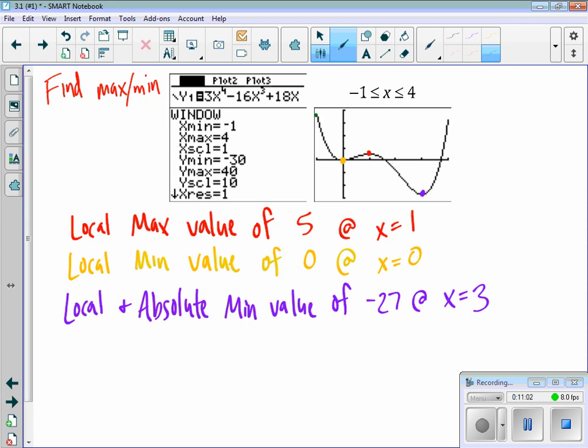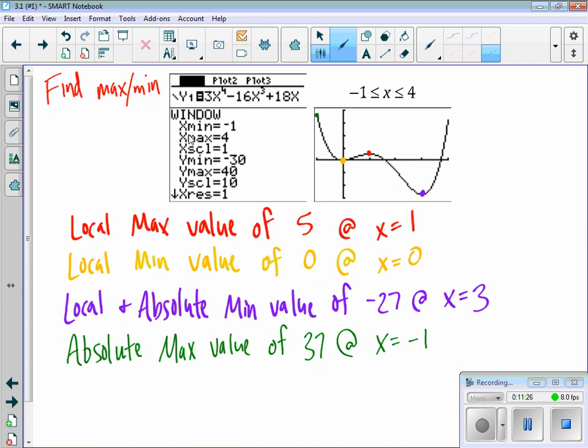Okay, so which one of these appears to be the absolute max? This one over here, right? It's a little bit higher up. So that is an absolute max. And the value is 37 at x equals -1.